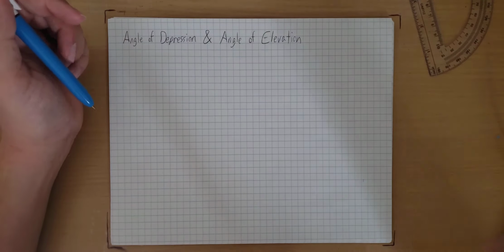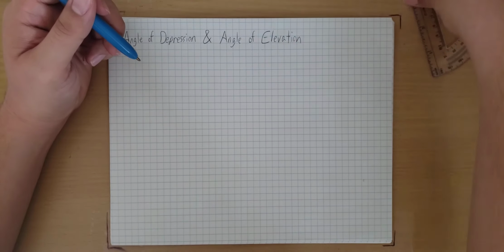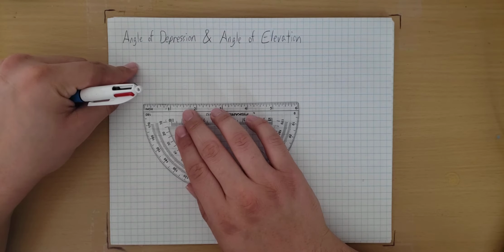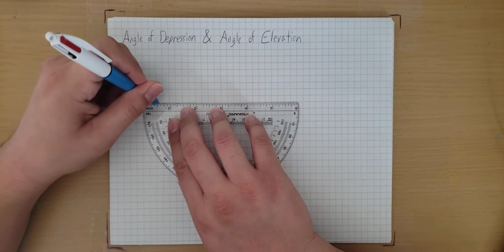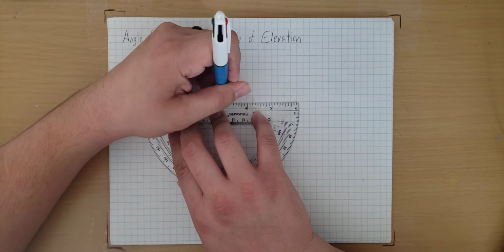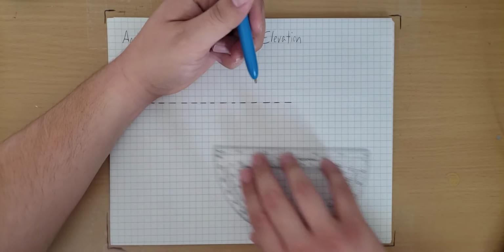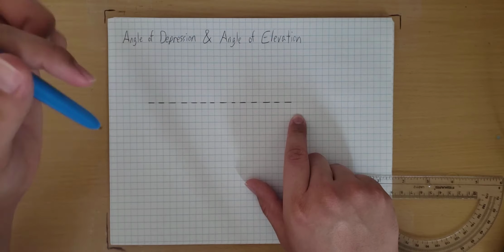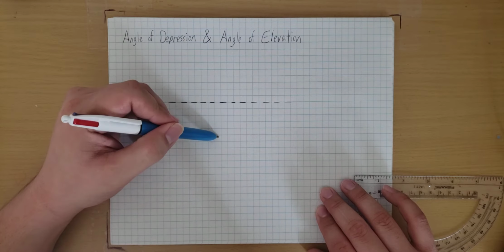So again, angle of depression, an example. If we make a horizontal line, if I have this horizontal line and then the angle opens downward, then that's your angle of depression.